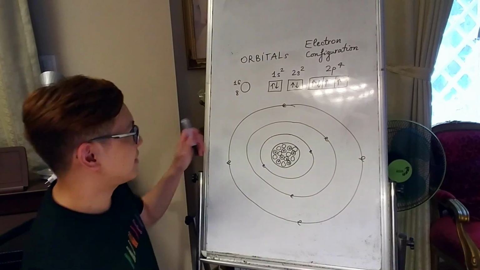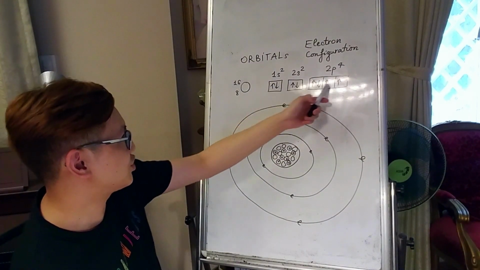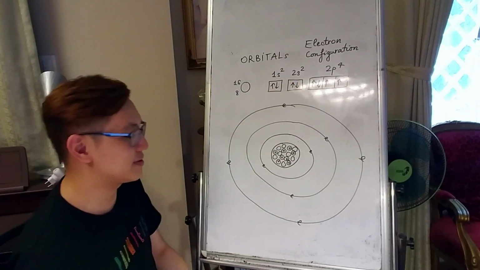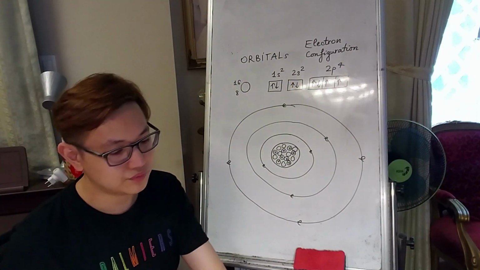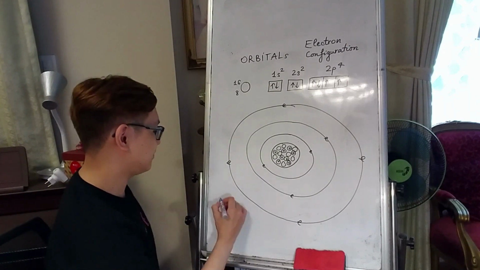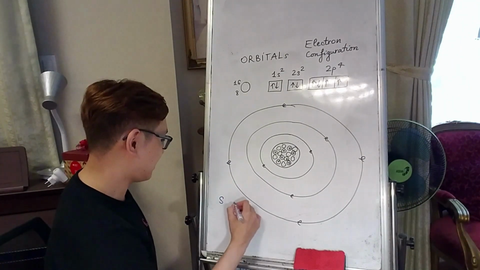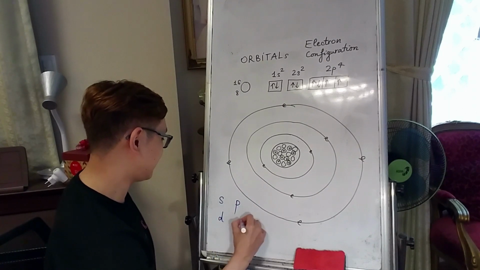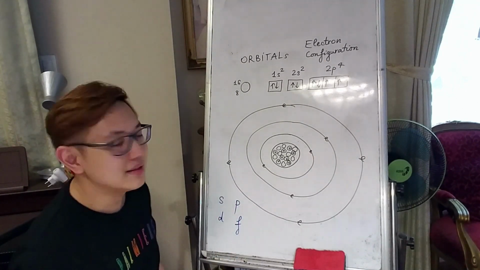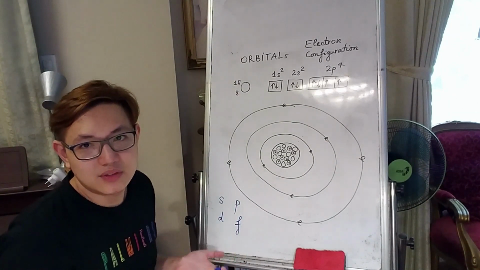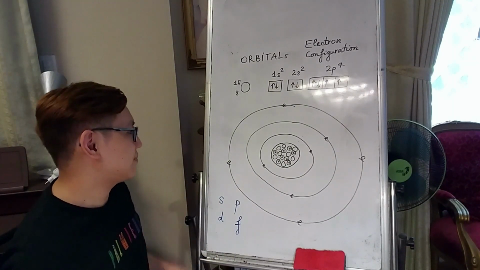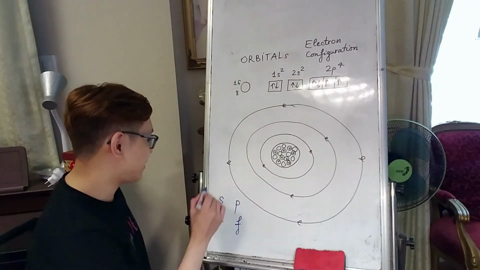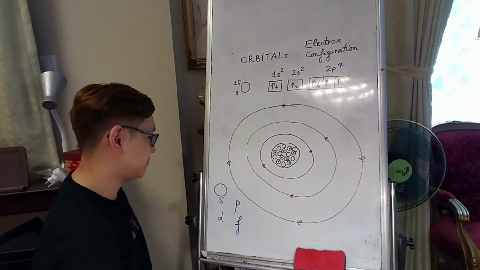Okay, I'm just going to talk about how you know how to construct these things and what s and p orbitals are. These days, according to the textbook, we have s, p, d, and f orbitals. They found them out by laboratory techniques. S orbitals are the smallest square-shaped orbitals.